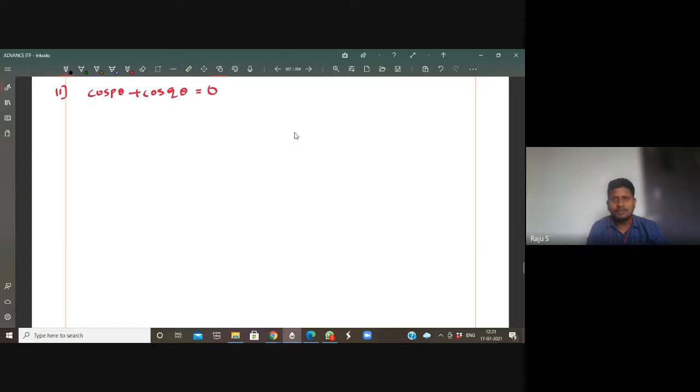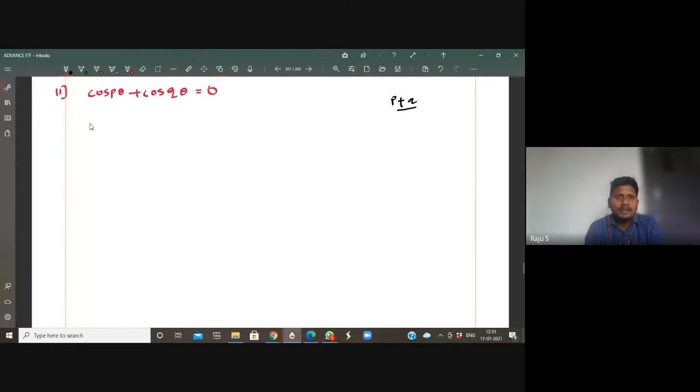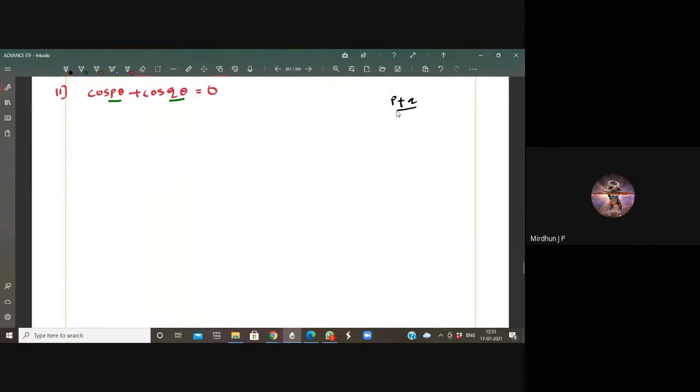In the options, every option contains p plus q, yes or no? Pi by p plus q, 2 pi by p plus q, pi by 2 into p plus q. What do you observe? It is in the form of cos C plus cos D. What is cos C plus cos D? It is 2 cos of C plus D by 2 into cos of C minus D by 2.